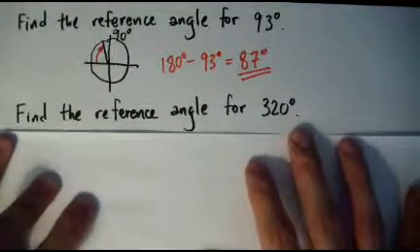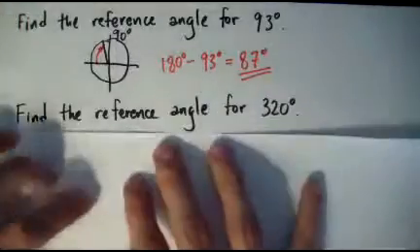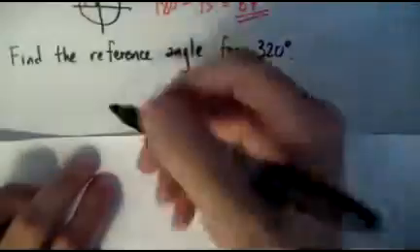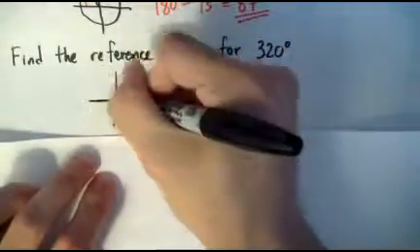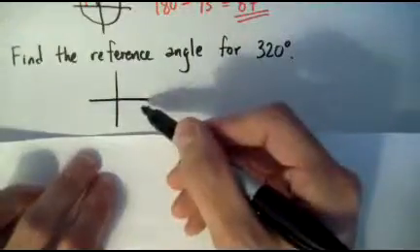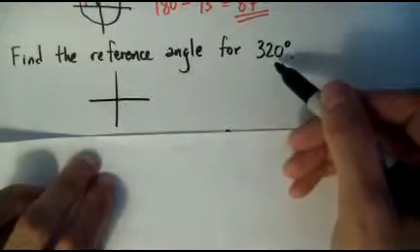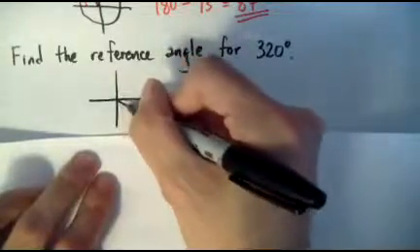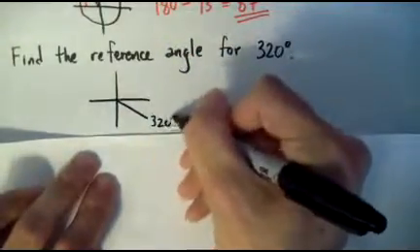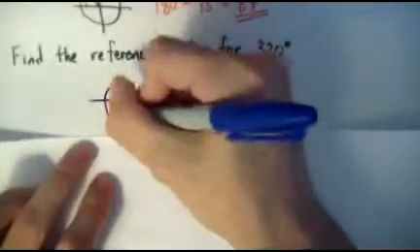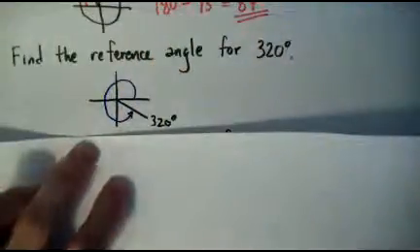Now we're asked to find the reference angle for 320 degrees. Let's again plot our angle. Remember that 360 degrees is all the way around, so 320 degrees falls a little short of that. 320 degrees sits somewhere over here, going all the way around to there.